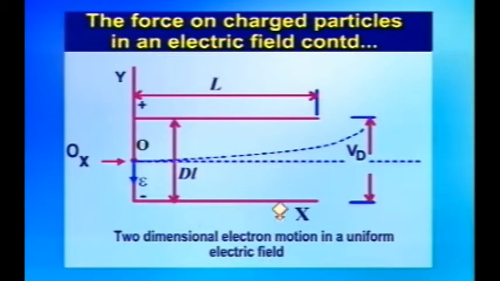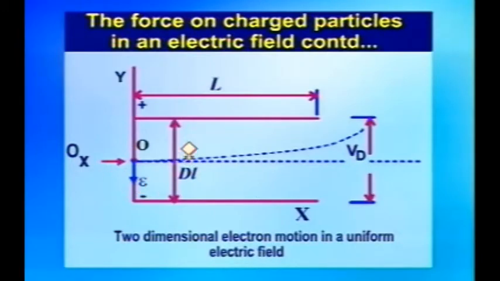To simulate the presence of a parallel plate capacitor, I have put here two plates which are parallel along the x direction, and these two plates will be energized to create the electric field, and the motion of the electron is indicated with an arrow at 0, along the x direction.